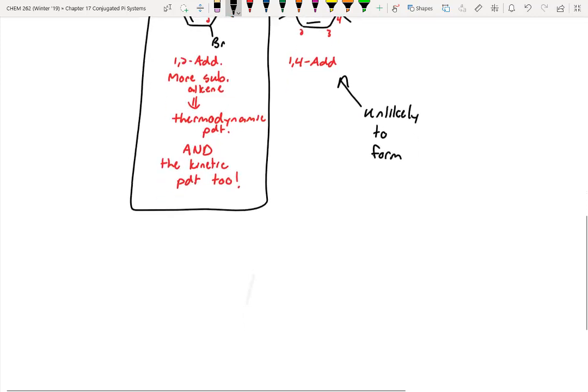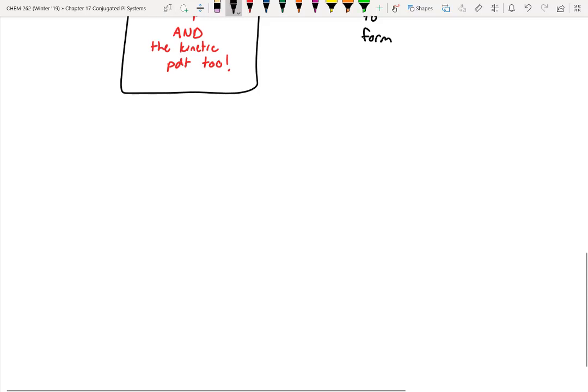So let's make a note. The kinetic product is always going to be 1,2 addition, and that's due to the nucleophile being in close proximity to the carbon that it's going to attack.